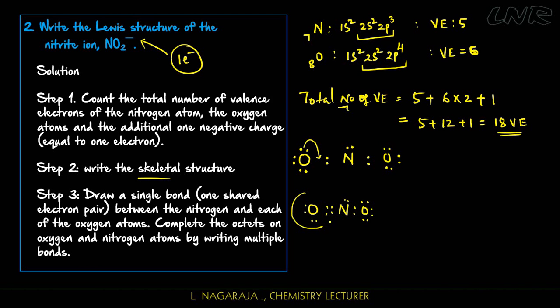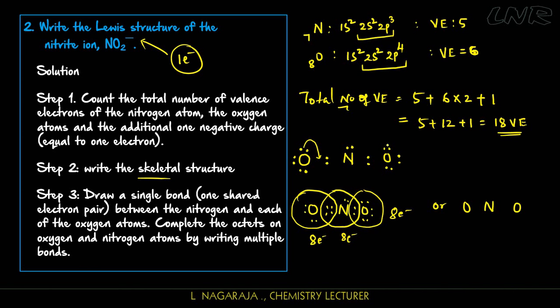That is, this oxygen contains 2, 4, 6, 8 electrons, and this oxygen also contains 8 electrons, and this nitrogen contains 2, 4, 6, 8 electrons. Totally all the atoms have 8 electrons, and this molecule is also to be written as NOO.